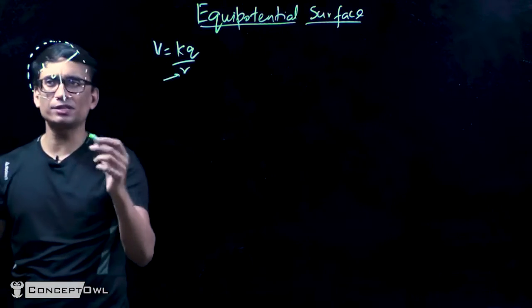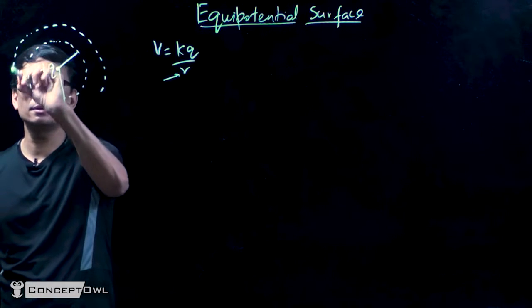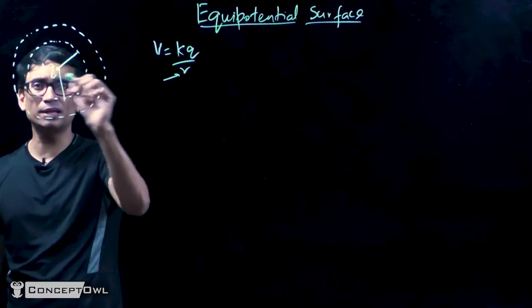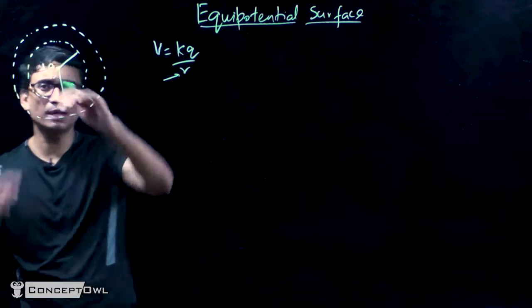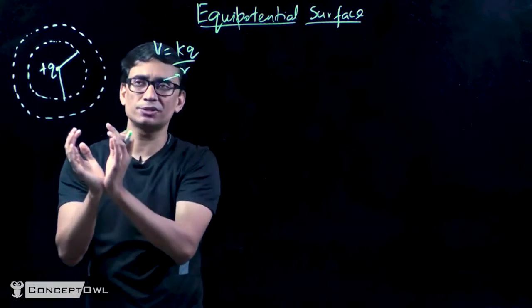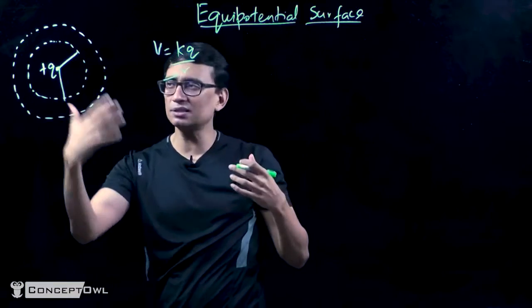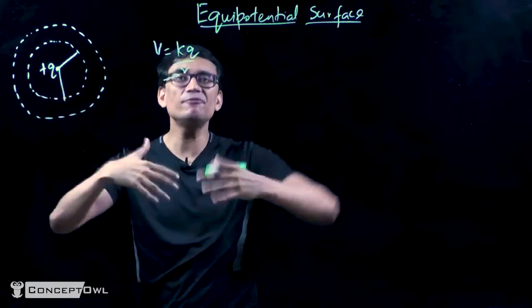I can take other spheres, say a slightly larger one. Again, this has its center here and all the points on it would have the same potential. So this surface is an equipotential surface, and this surface is an equipotential surface. How many such surfaces are there for a point charge? Infinite in number.